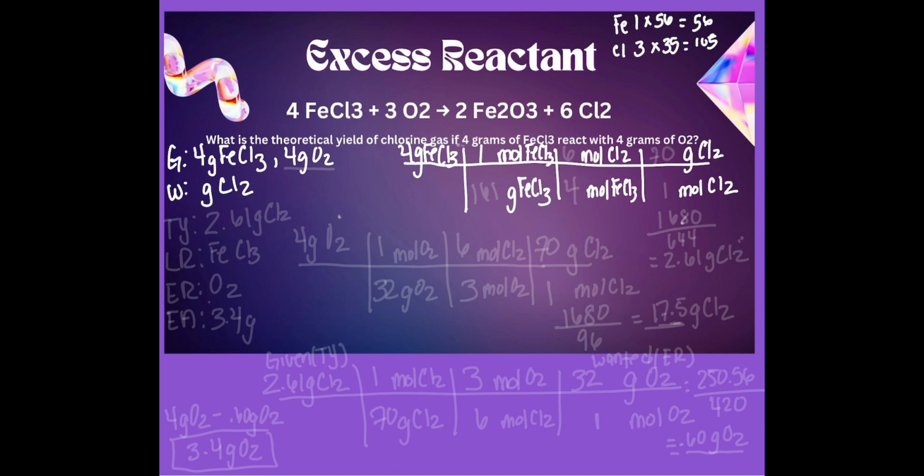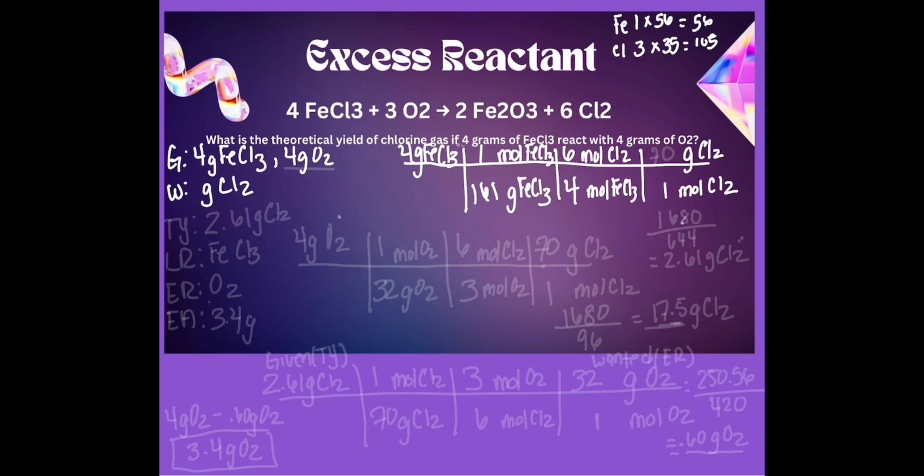Now I have to add that up. 105 plus 56 is going to give me 161. So 161 is my molar mass for FeCO3. Now, when I have mole over mole, I have to look at my coefficients. So my coefficient for CO2 is 6 and my coefficient for FeCO3 is 4.